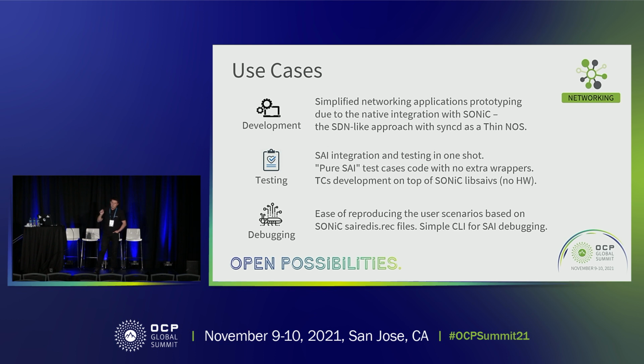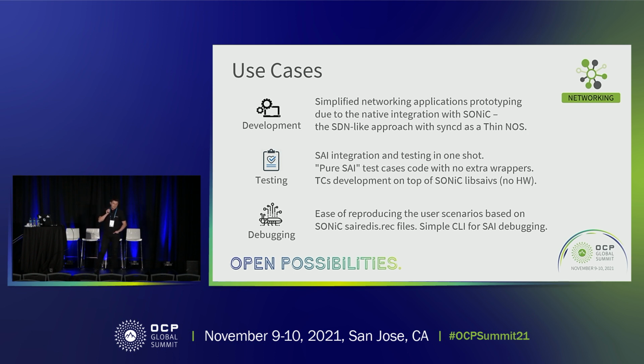And SAI Challenger already has the functionality to parse these record files and use each record file as a separate use case. So we can get the record files from end customers and use these files in our CI/CD process to make sure we do not break the design of our customers.